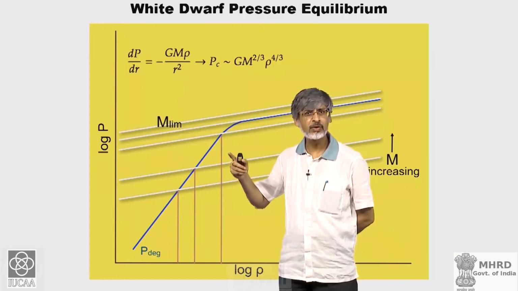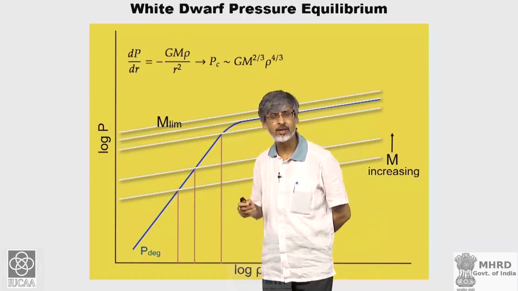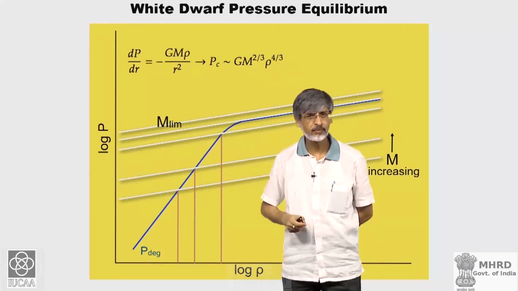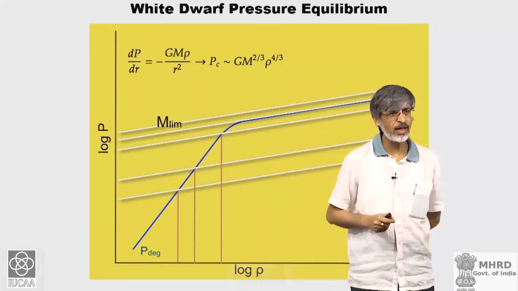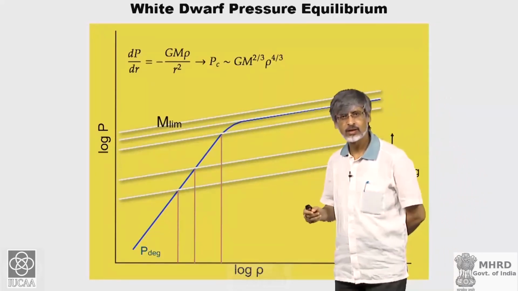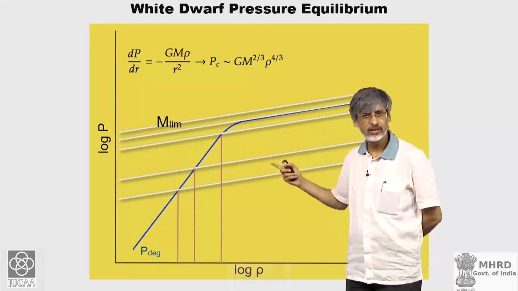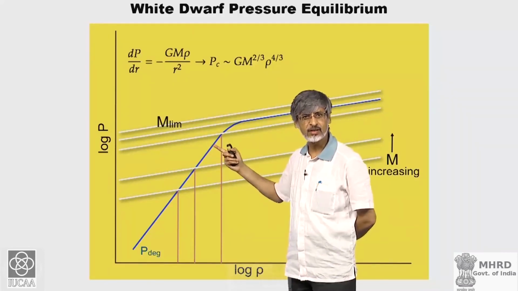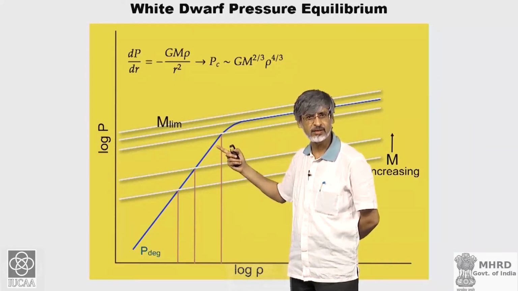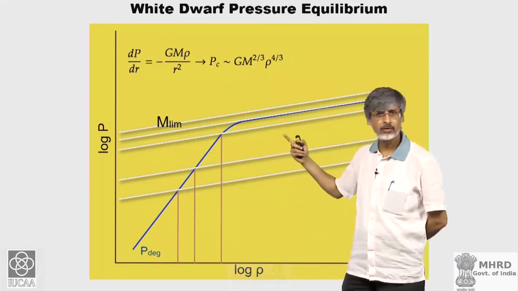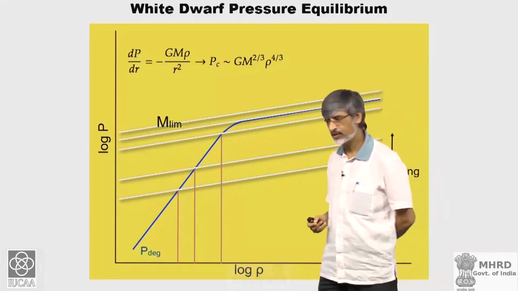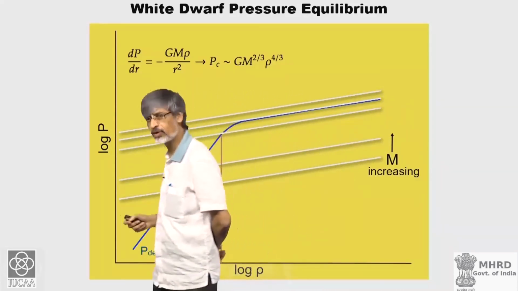So, as you keep moving to higher and higher masses, you see that the central density will keep moving up. As the central density keeps moving up, you will go over from the non-relativistic rho to the power of 5/3 region to relativistic rho to the power of 4/3 regime of the electron degeneracy pressure.